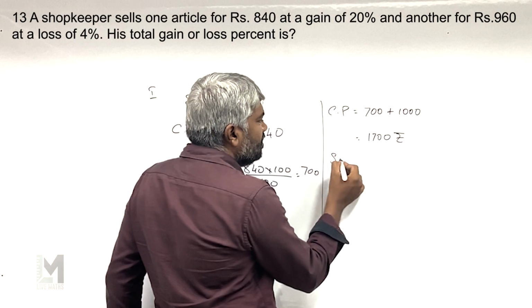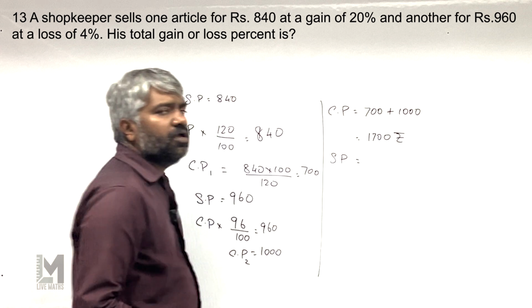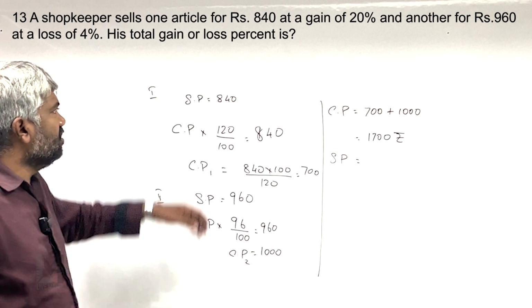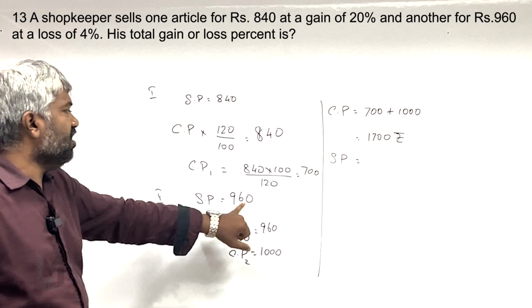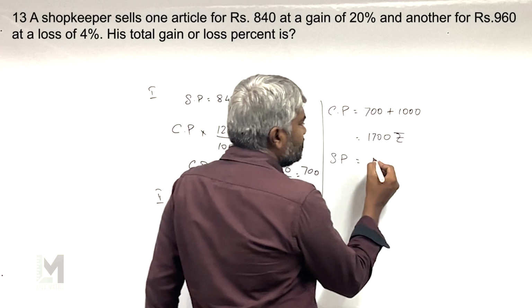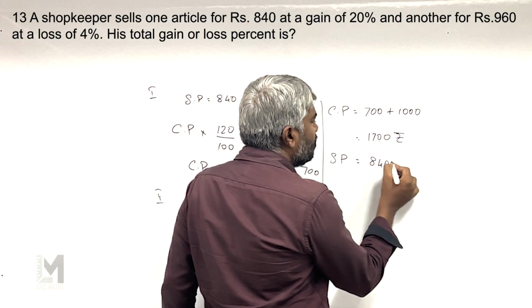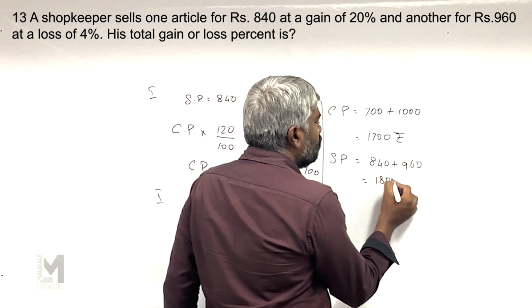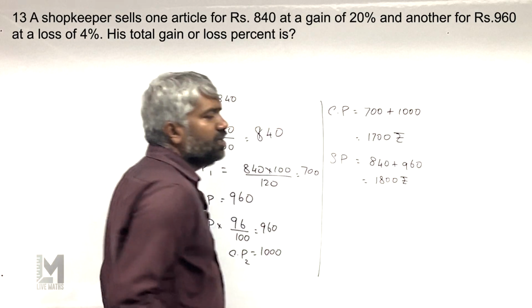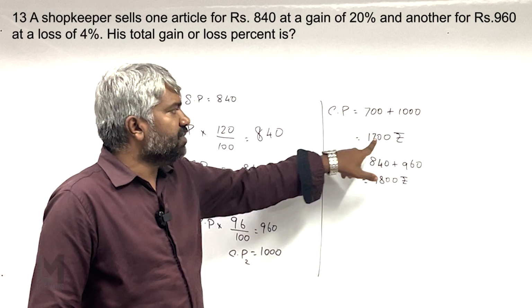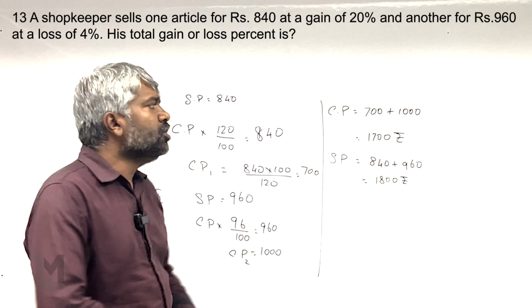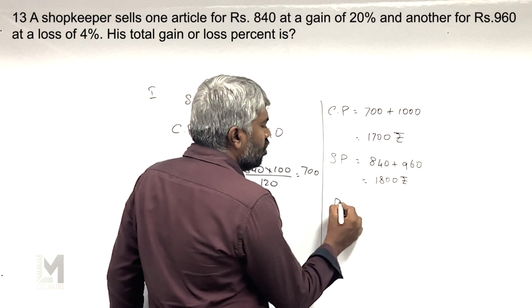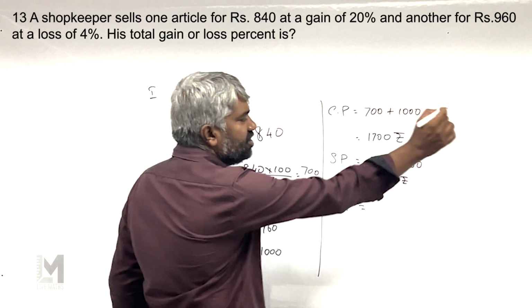Now, we need to find the selling price of both the articles together. Selling price of first is 840 and second is 960, 840 plus 960, which is 1800 rupees. Now, the selling price is greater than the cost price. So, this is profit.